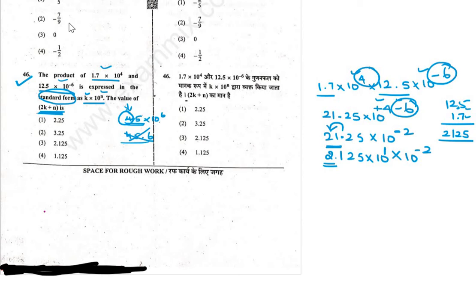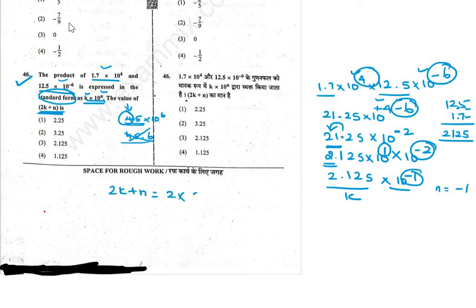Here it is 1, so 2.125 into 10 to the power of minus 1, because 1 plus minus 2 is minus 1. This is our k, in k into 10 to the power of n, and n is minus 1. Now we have to find 2k plus n.